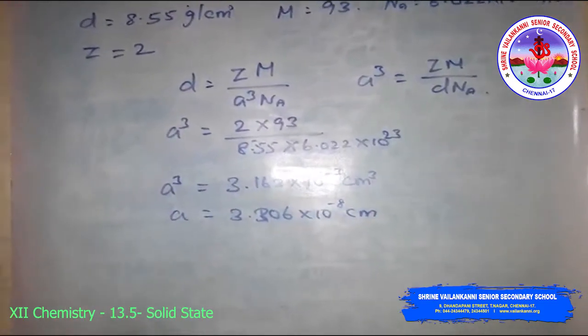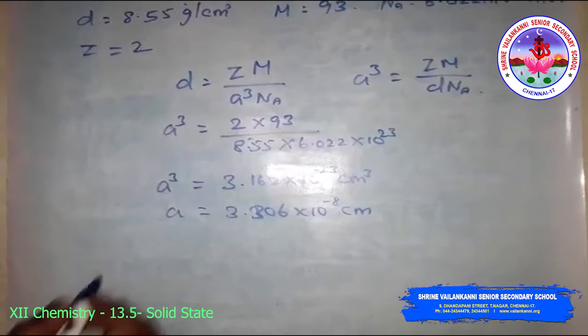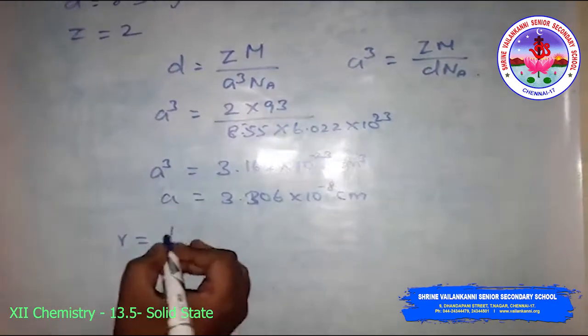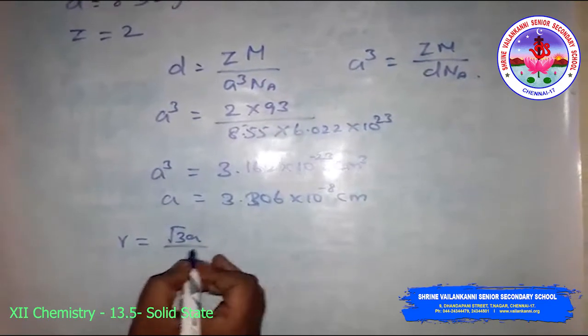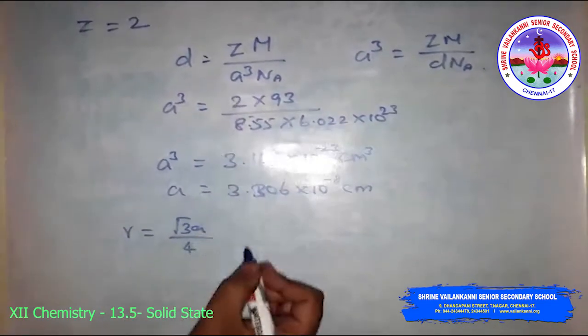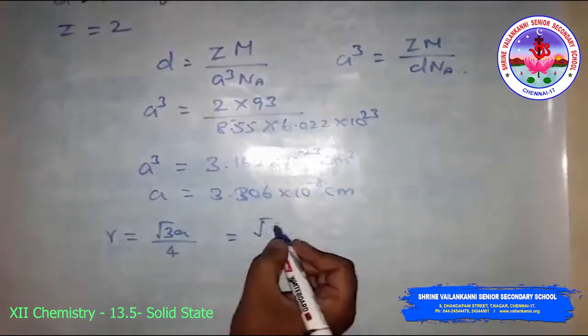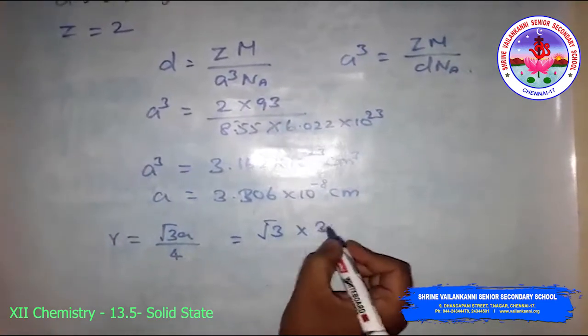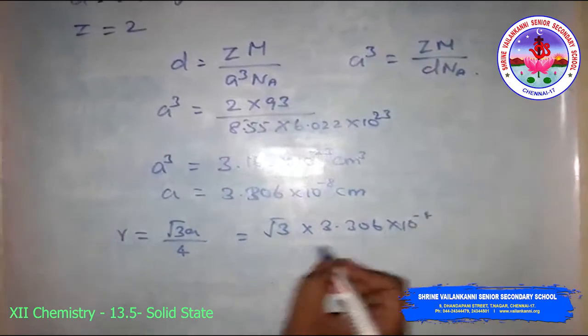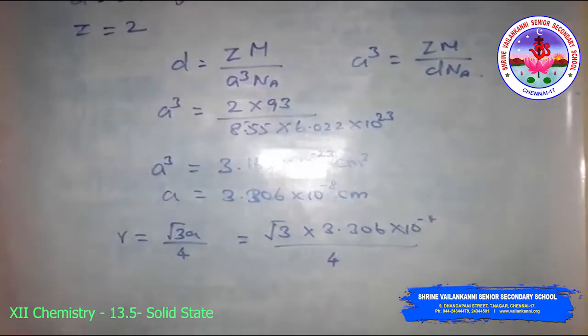So for the body centered cubic unit cell, what is the radius? We already know the formula, R is equal to root 3 A by 4. Now apply the value: root 3 into 3.306 into 10 power minus 8 divided by 4.